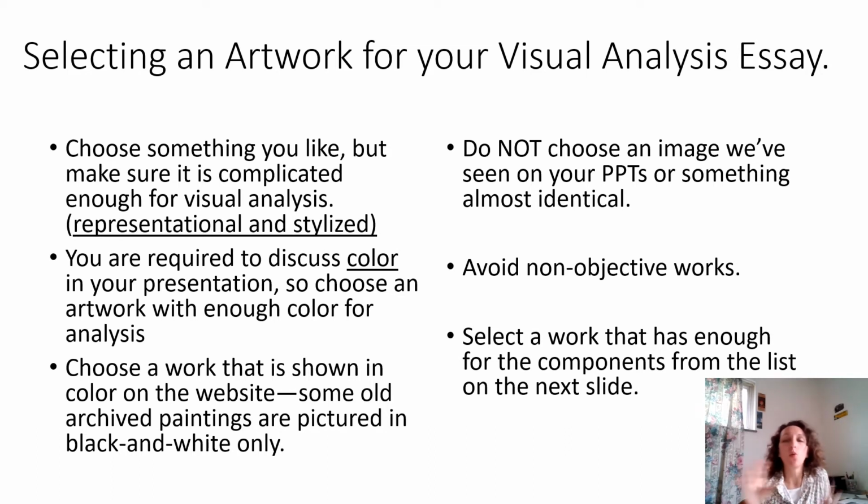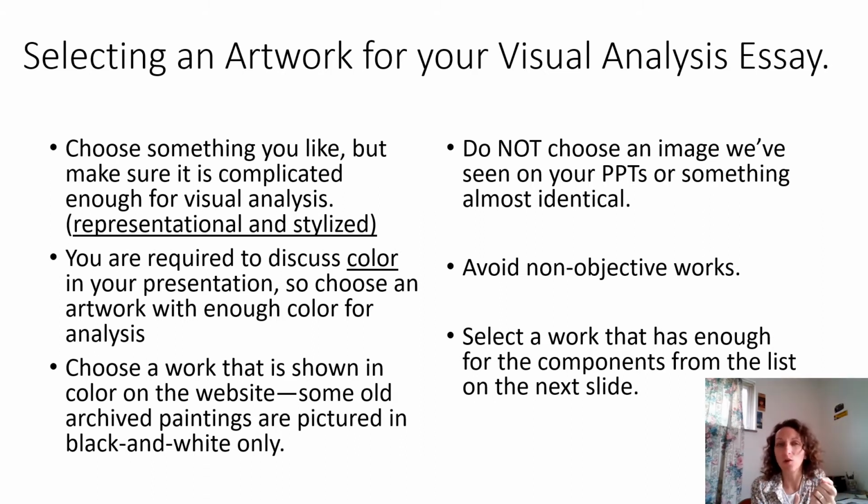All right, so when you're selecting a work of art, there are a couple of things I want you to pay attention to and think about. Remember, you're required to discuss color. Sometimes there are artworks on the website that are really old and have archival images, and they don't have color to them.